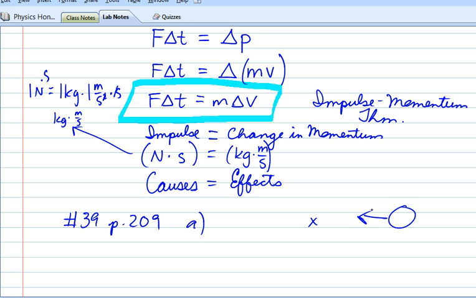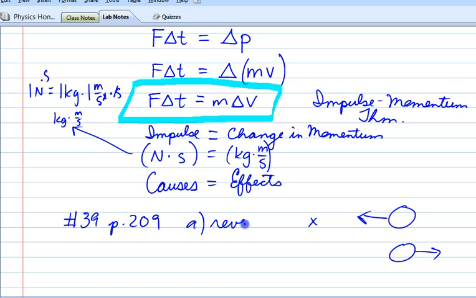If you think about it, what would cause a greater change in momentum? Stopping the volleyball or actually making it go back in the opposite direction? Well, it turns out that making it go back the opposite direction effectively is twice as much force, because not only are you stopping it, you also have to push it back to go the other way.